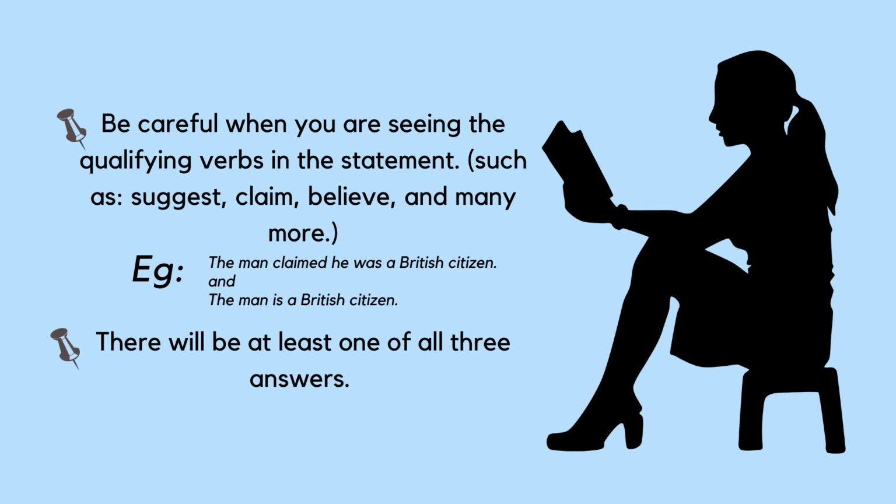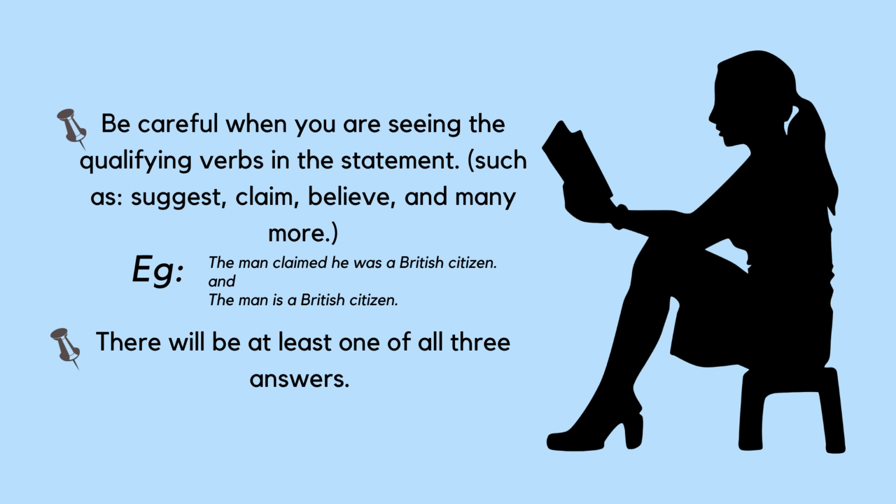It means two different things. Here, in one statement, it is said the man is claiming that he is or was a British citizen. But in the second statement, it is clearly said that the man is a British citizen. There is no need of claiming for anything.